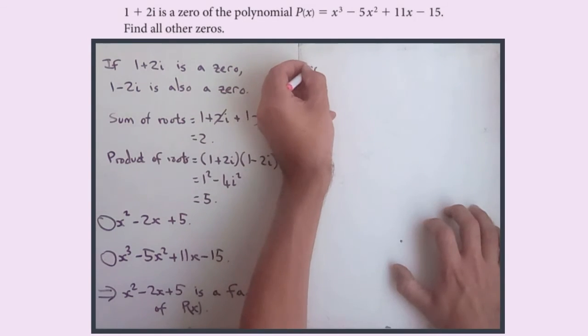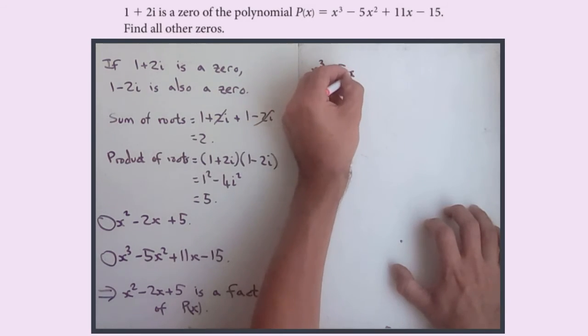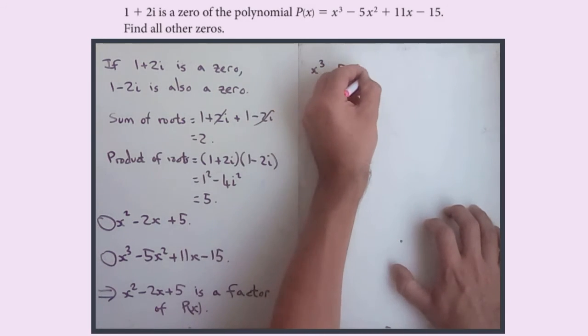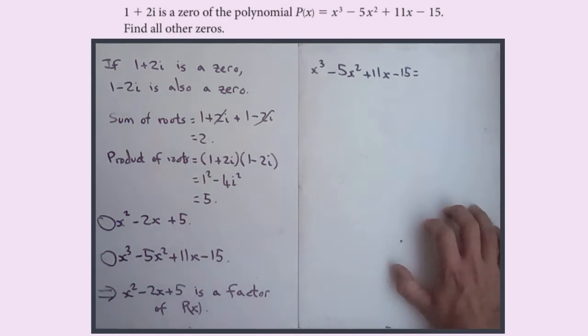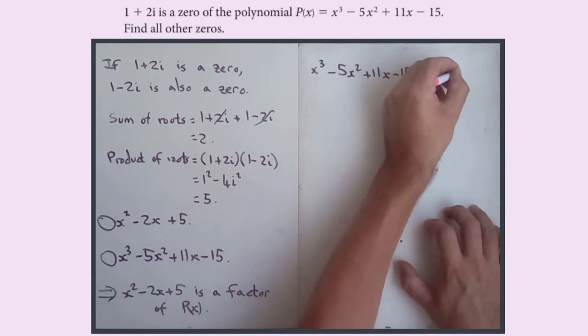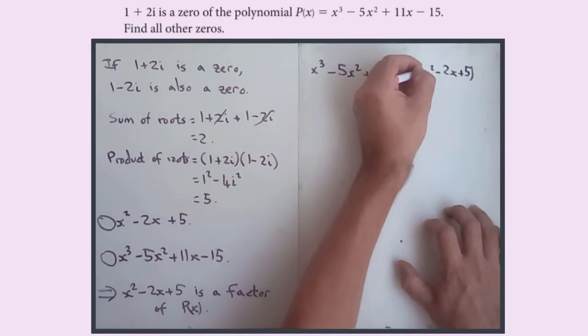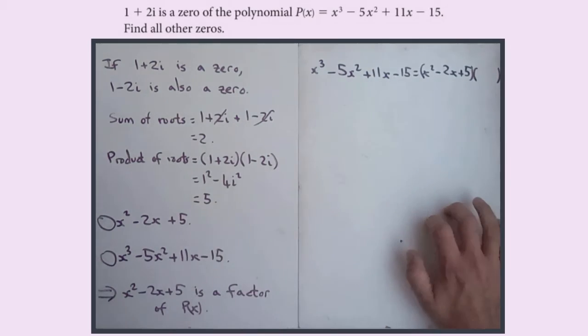So x cubed minus 5x squared plus 11x minus 15 equals, well, we've got the quadratic factor that we just worked out, x squared minus 2x plus 5. So that times, well, we're looking to find another linear factor.